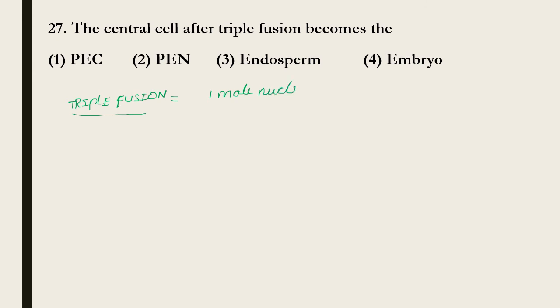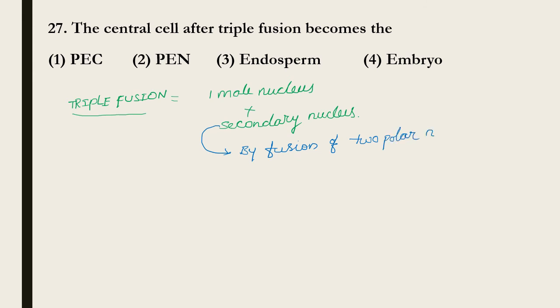And we know very well that this secondary nucleus is formed by the fusion of two polar nuclei in the central cell.